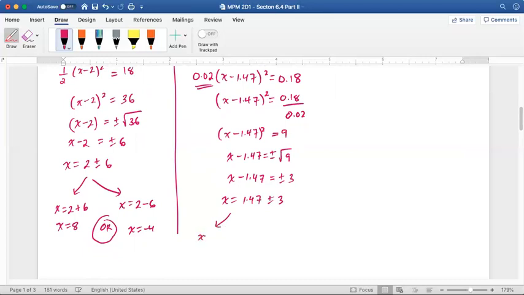And we can separate that as 1.47 plus 3, or our other solution is x is equal to 1.47 minus 3. So we get 4.47, or I believe negative 1.47.